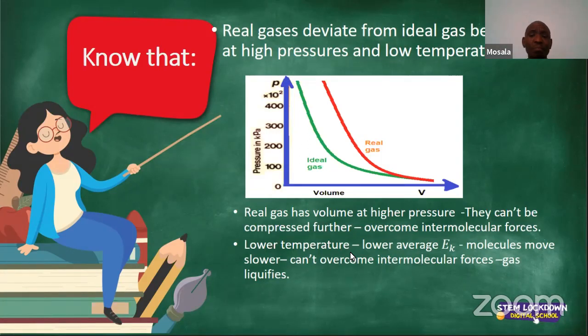So that simply means that the molecules will move slower and therefore they cannot overcome intermolecular forces. So as a result, the gas will liquefy, meaning that the intermolecular forces will be more effective at lower temperature.